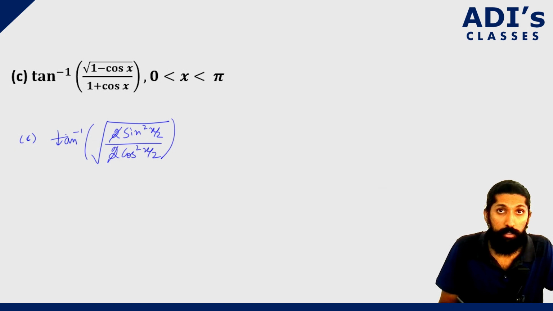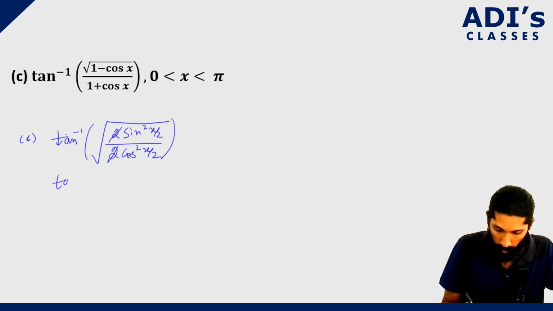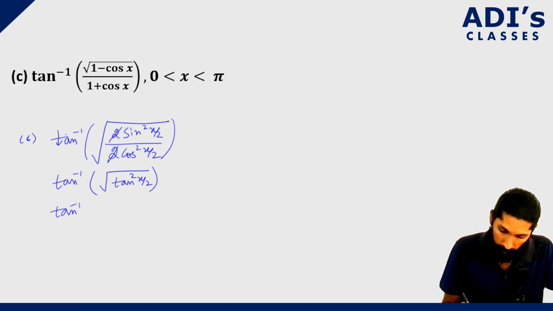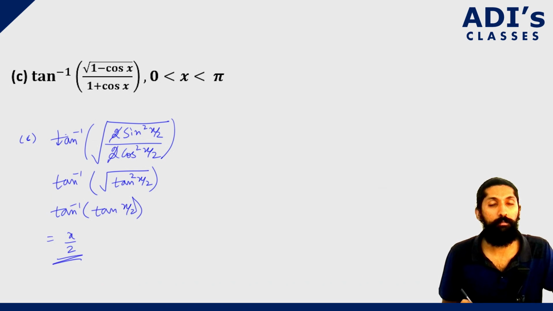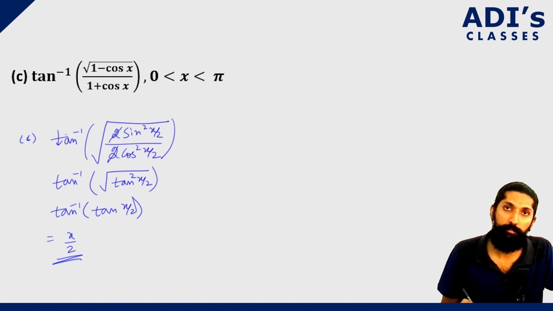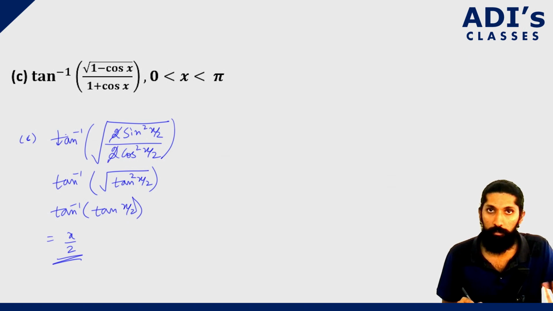The 2 and 2 cancel. Tan inverse of root of tan square x by 2, which is tan inverse of tan x by 2. So the final answer is going to become just x by 2. It's a very simple problem. Understood? The answer is just x by 2. There is no tan inverse, there is no sine whatsoever.